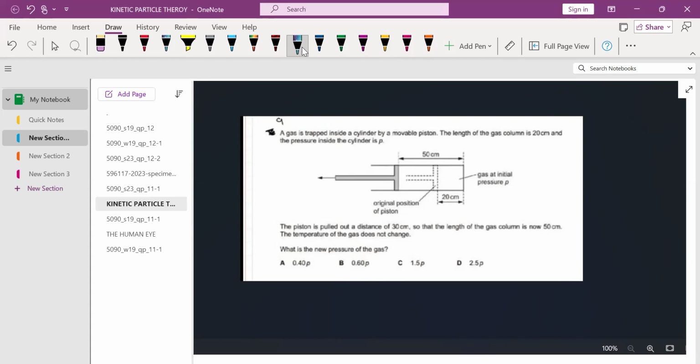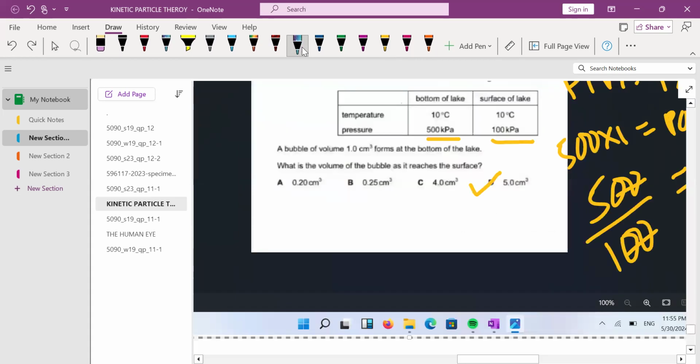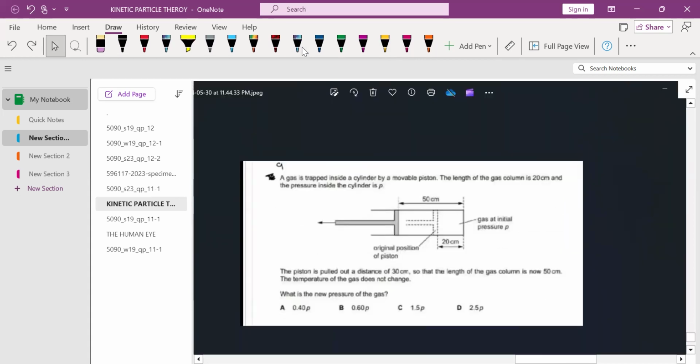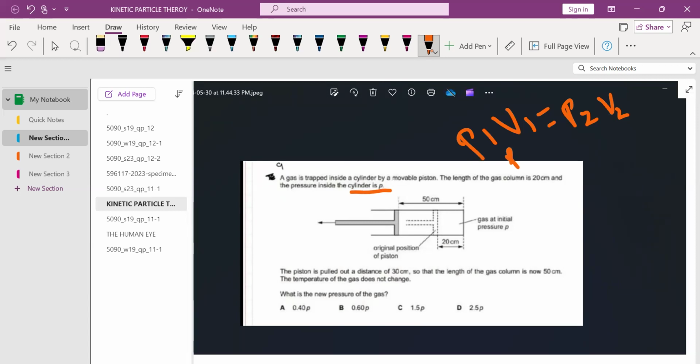Okay, now to find the new pressure, we will use again the formula P1 V1 equals P2 V2. For example, consider it is given that P1 is P and this V1 is 20.